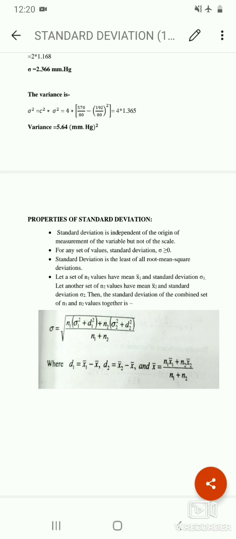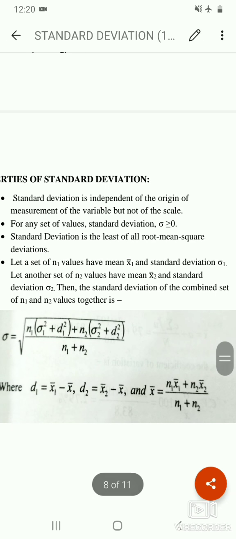So suppose you have a set of n1 values which have mean x1 bar and standard deviation sigma 1, and let another set of n2 values have mean x2 bar and standard deviation sigma 2.